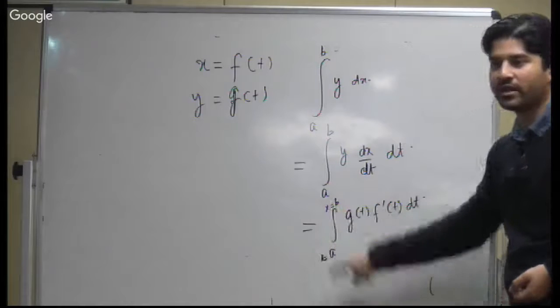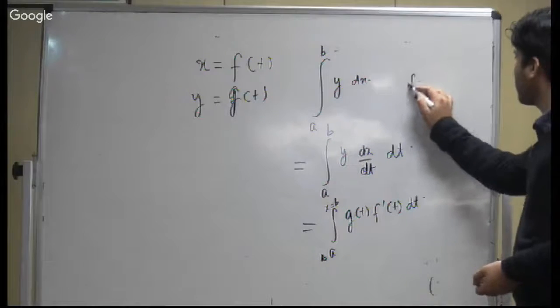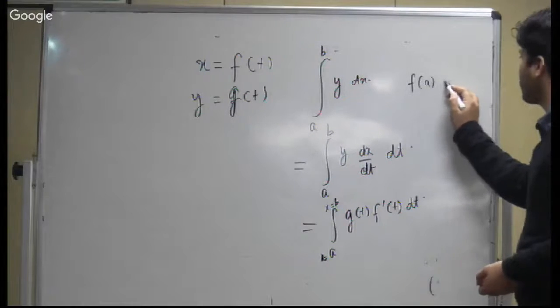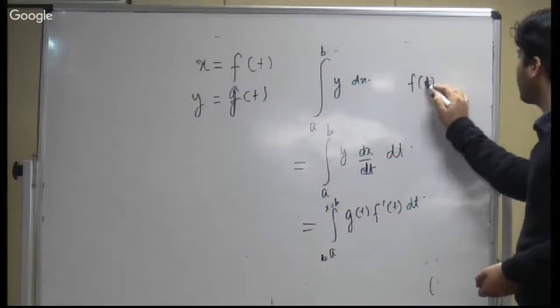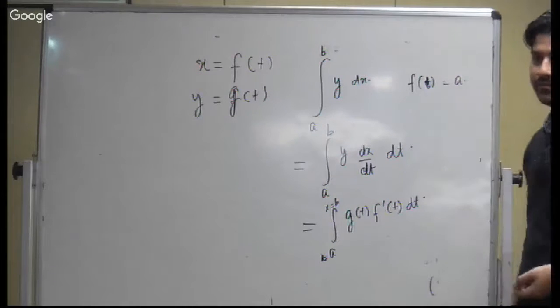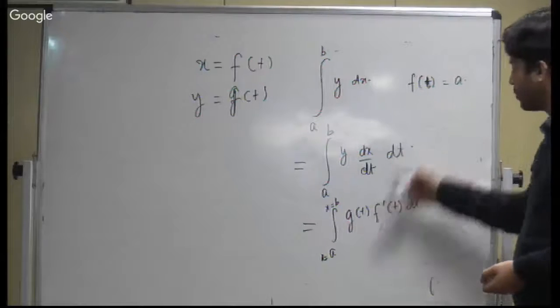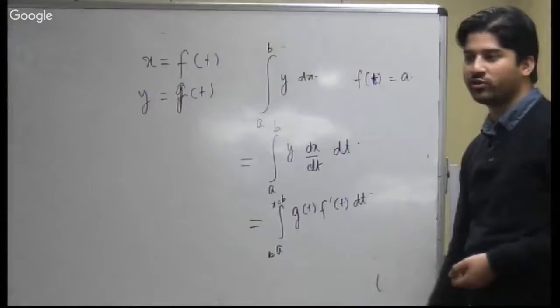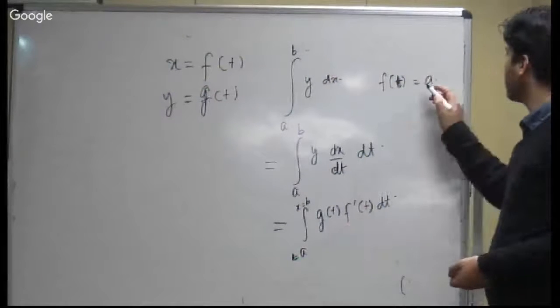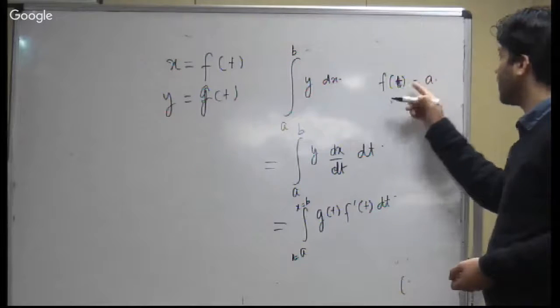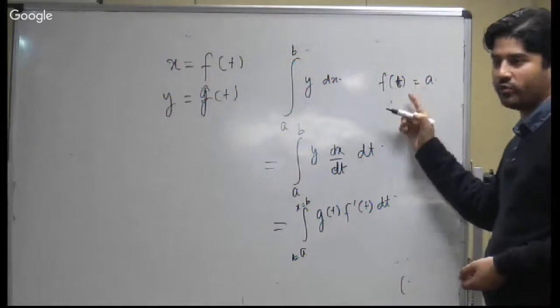We have to take care of the limits, which means f of t is equal to a. So I have to replace everything by t1 and t2. So how to replace? Getting the idea? You have to take care of that.